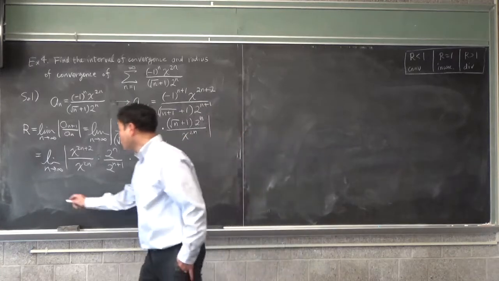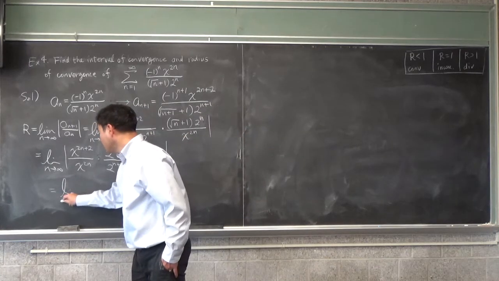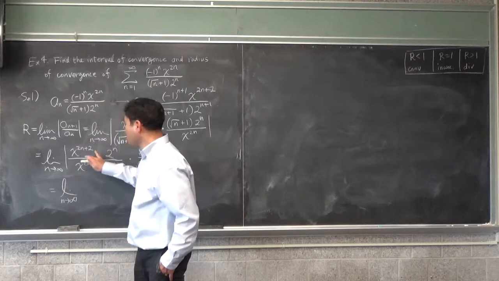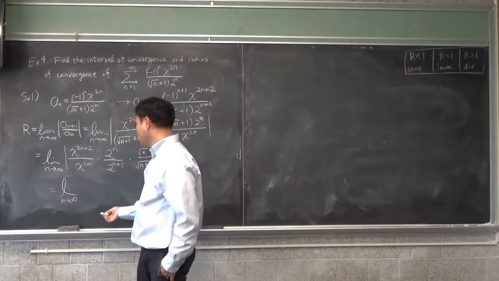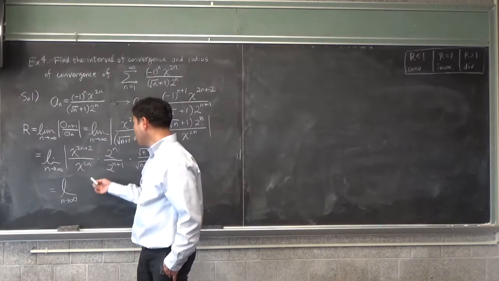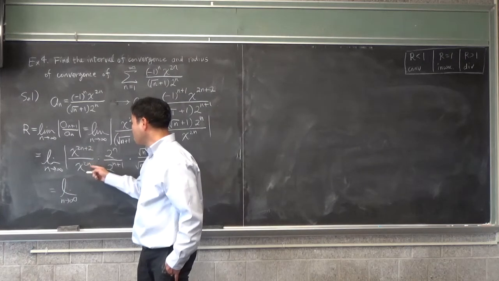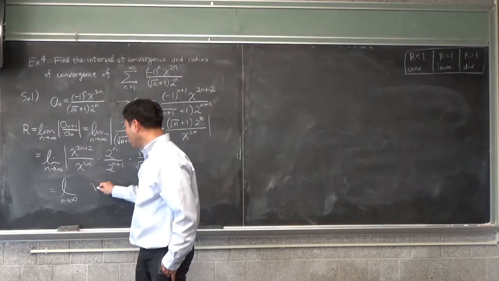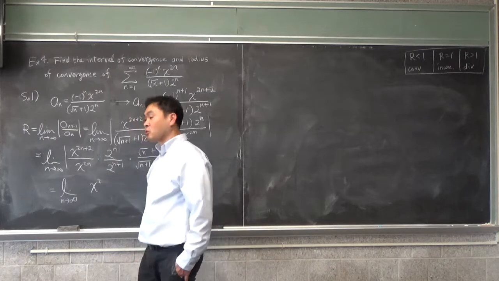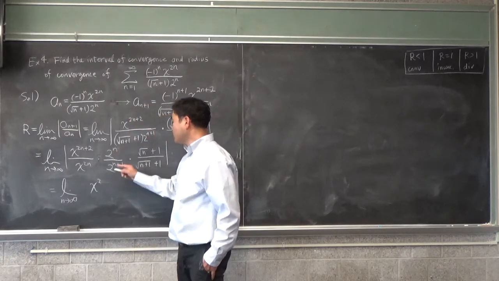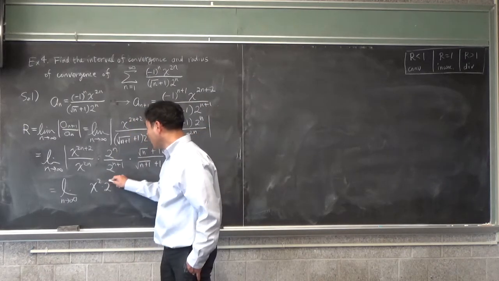And then we can apply the exponential rules that exponents subtract when you're dividing the exponential forms. So 2n plus 2 minus 2n will cancel the 2n's. It will leave you with just x squared. N minus n plus 1 will give you 2 to the negative 1 power.